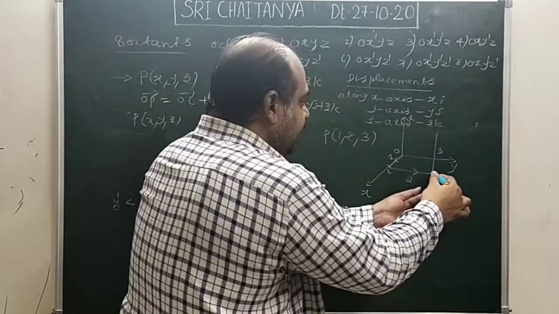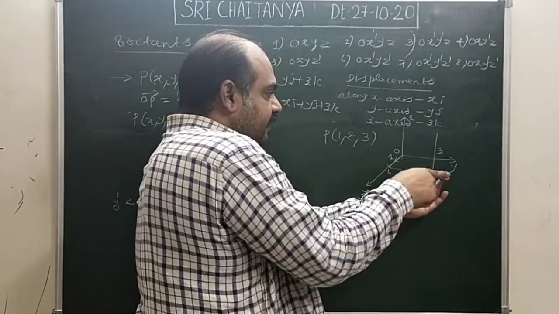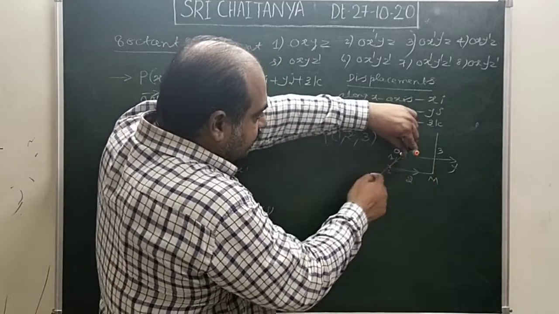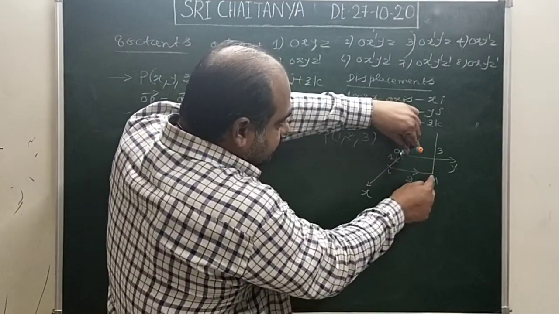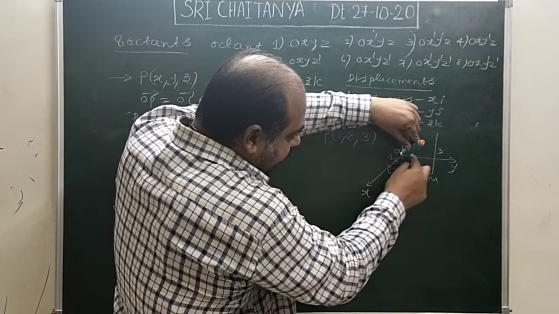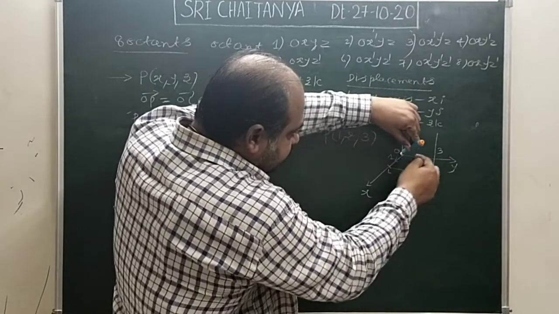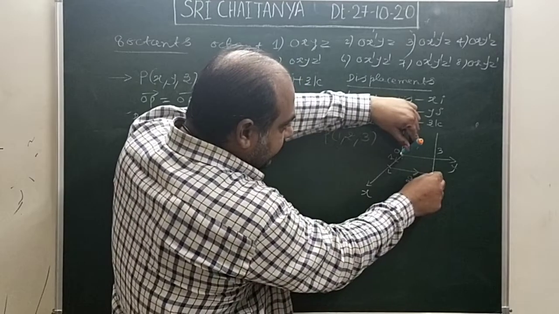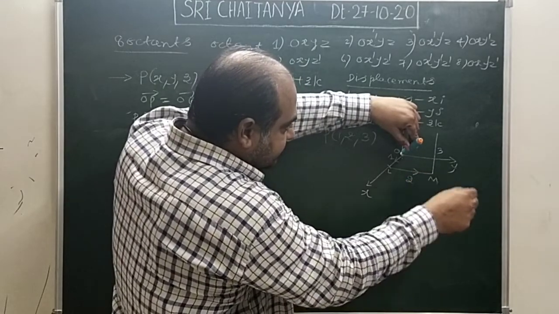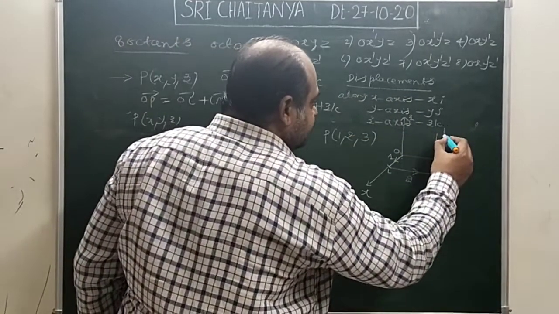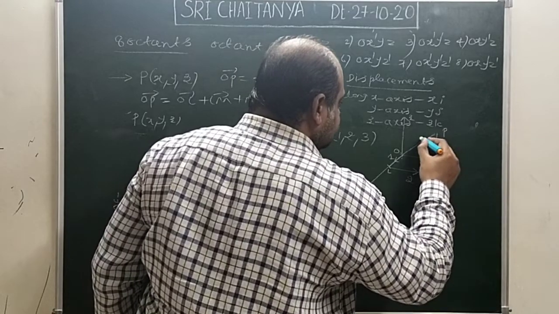That means from here it will be like this. That means it will lie in the octant. This is the octant. So the point came here. In this octant, these 3 lines are the borders, and the point will lie here. M will be here. That means in this first octant, P lies. Look, this is the position P.